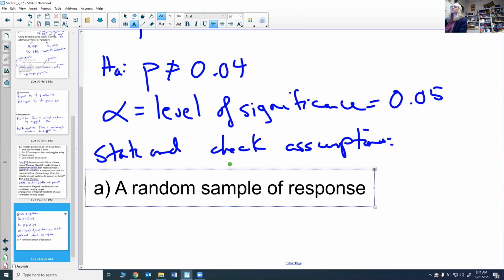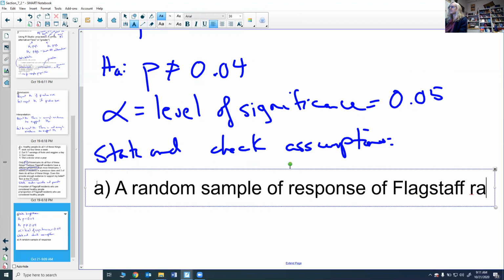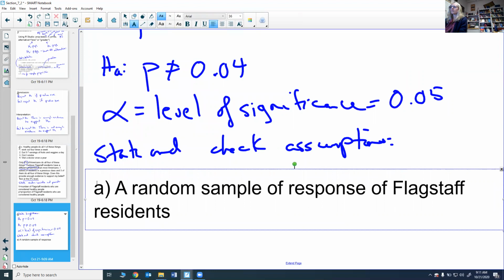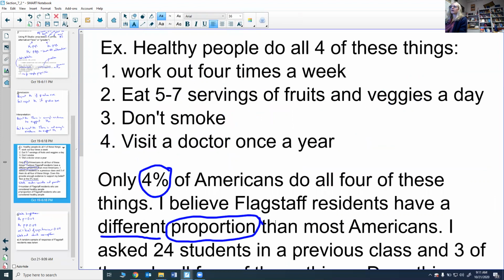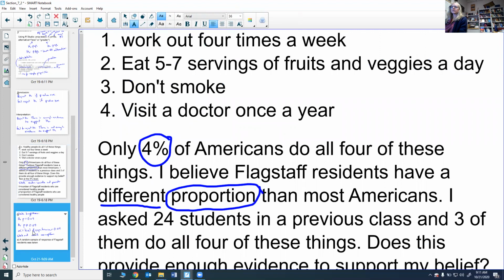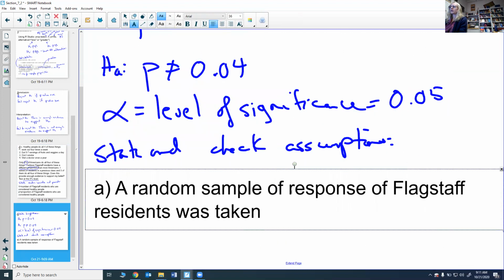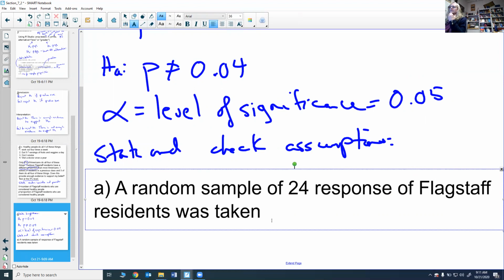I didn't write down my variable. My variable, though, was responses of Flagstaff residents. And I probably should go ahead and say what size it was. So random sample of, I had 24 students, so a random sample of 24 responses of Flagstaff residents was taken.